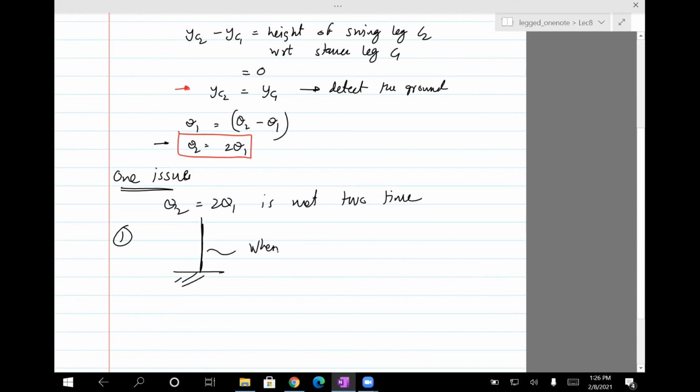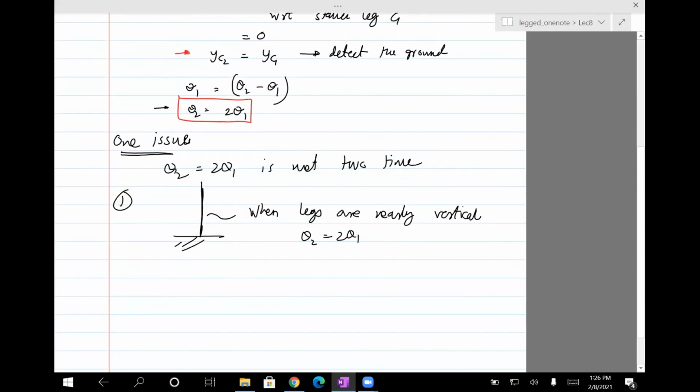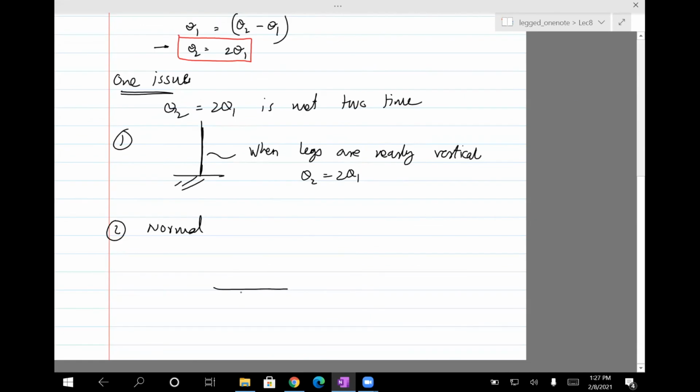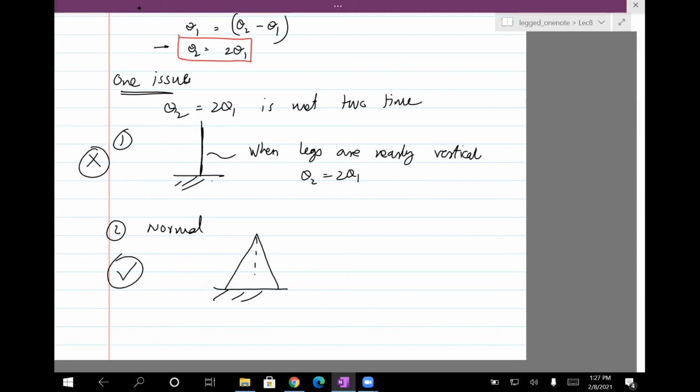When legs are nearly vertical, theta 2 will be equal to twice theta 1, and this is where you don't want the integration to stop, because clearly that's not when there's a finite step length. And then there will be the normal condition which you want to detect, which is this one, which I just drew. So you don't want this one to be detected, and you want this one to be detected.